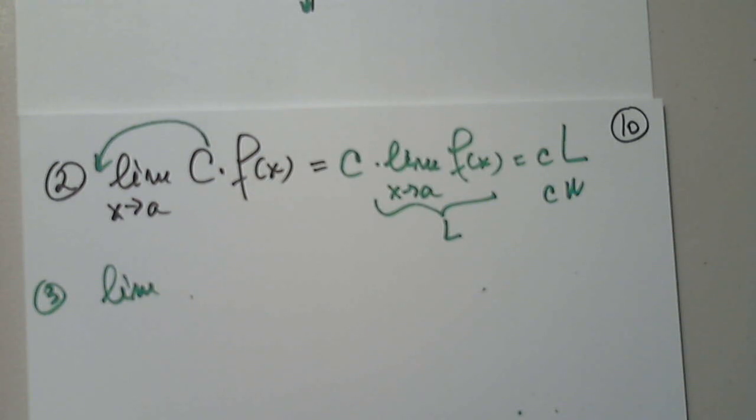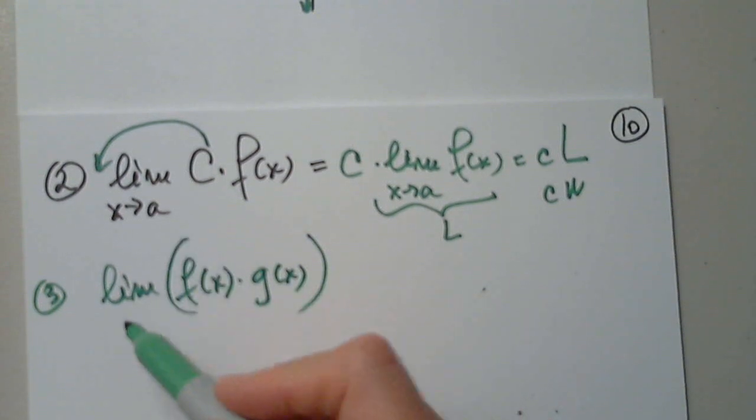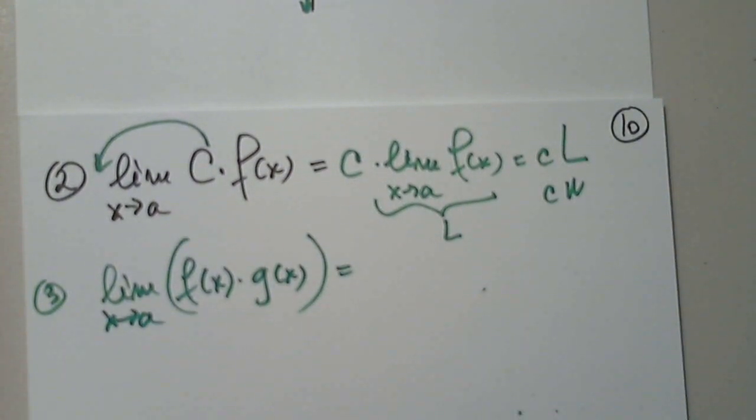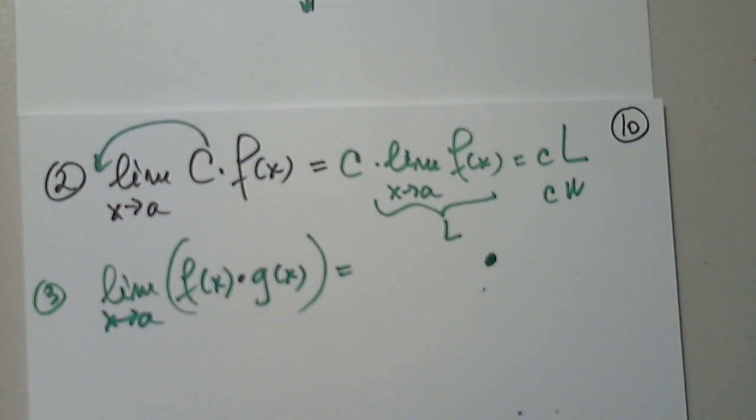Yes. Okay, very good. The next one, number 3: the limit of f(x) times g(x) as x approaches a. Any wild guess for the answer? The limit of a product will equal the product of the limits?